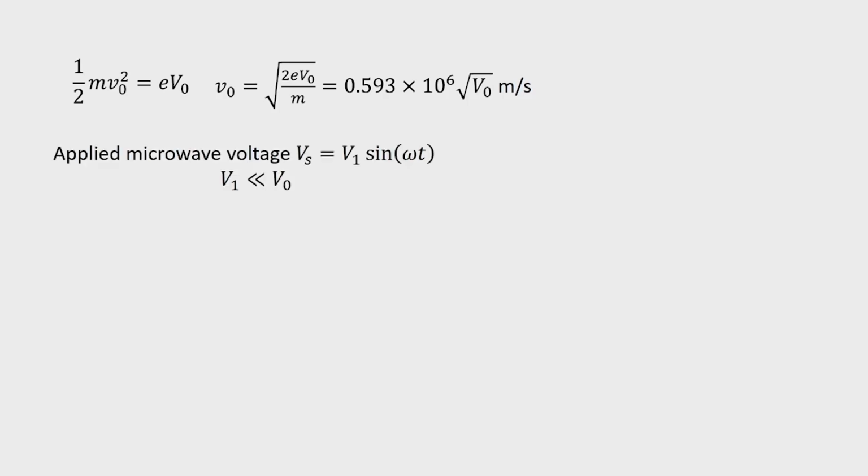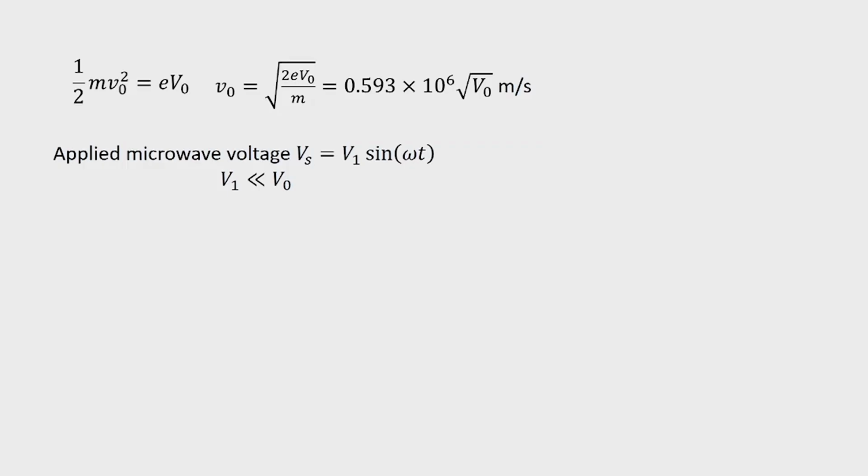Let the applied microwave signal be Vs = V1 sin ωt, and as we have already mentioned, V1 is very small compared to V0.